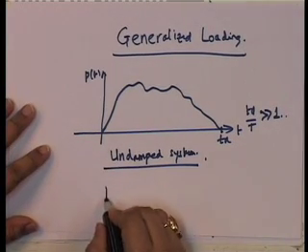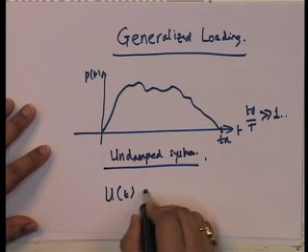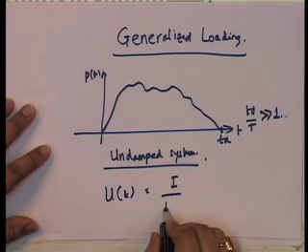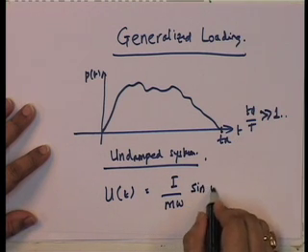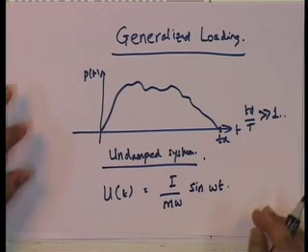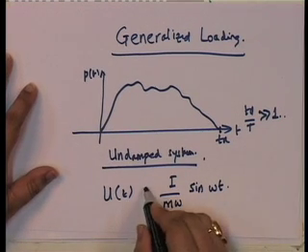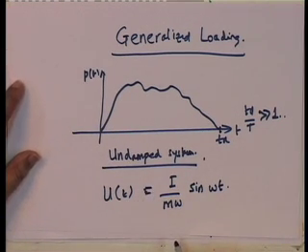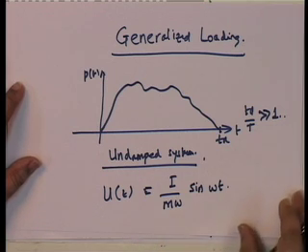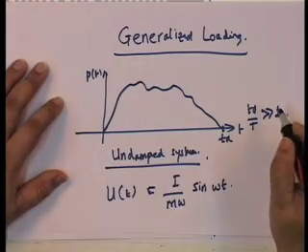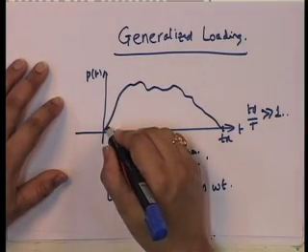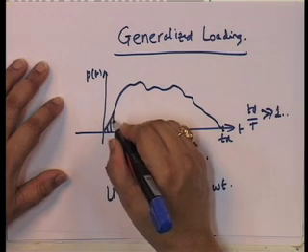If you remember, u(t) is equal to I upon m omega into sin omega t. That is the response. Now let me look at P(t) as a series of pulse trains.